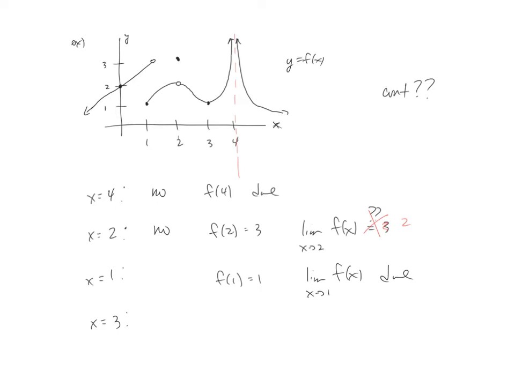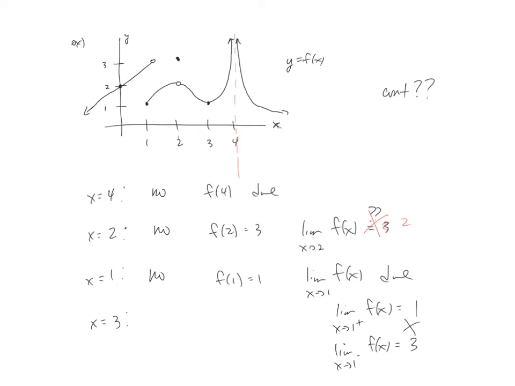Well, what is the limit as x approaches 1 from the right, and what is the limit as x approaches 1 from the left? As we approach 1 from the right, you're going to be at 1. And if you approach 1 from the left, you can see we're going to be up here at 3. Because we have that contradiction, you're also not continuous at x equals 1.